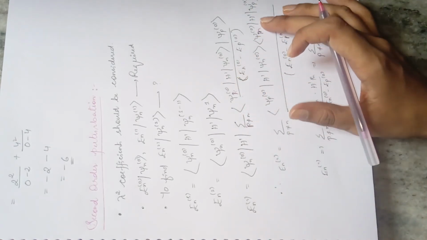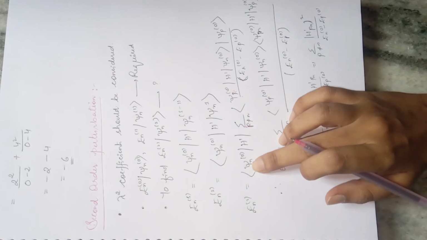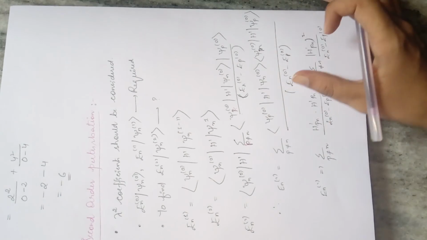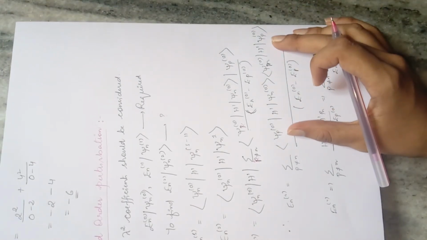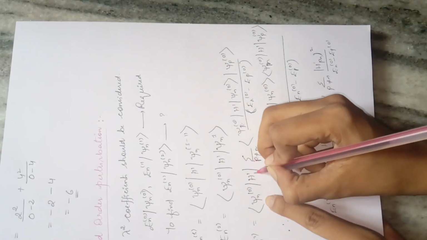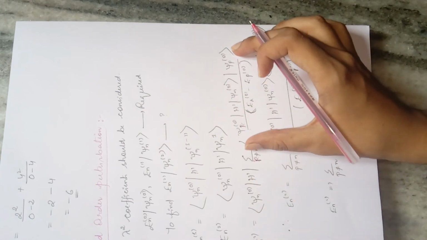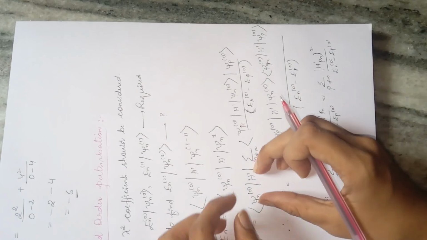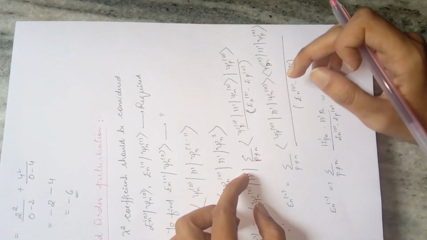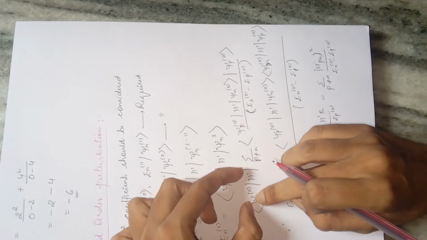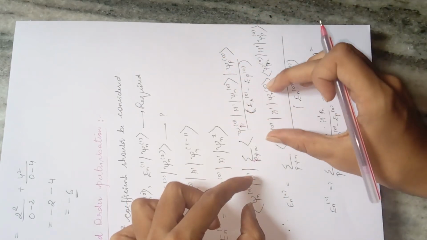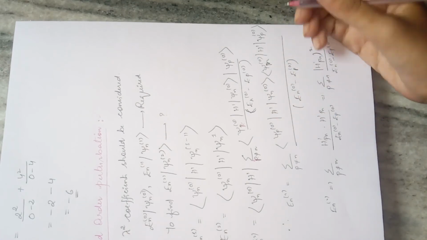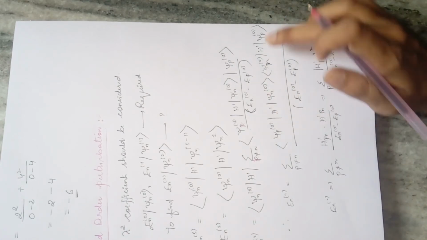So other than psi n, just write down the equation which you got on your previous page and simplify it. So psi n naught H dash psi n1 value you have written here. The next step will be summation p not equal to n, psi n naught H dash psi p naught. Here psi n naught H dash psi p naught, and this whole term I have written separately. So these two things are the same, right? It is psi n naught H dash psi p naught, psi n naught H dash psi p naught.